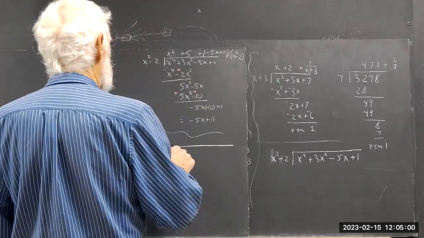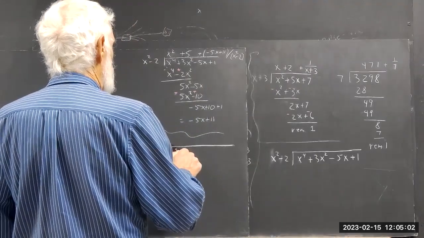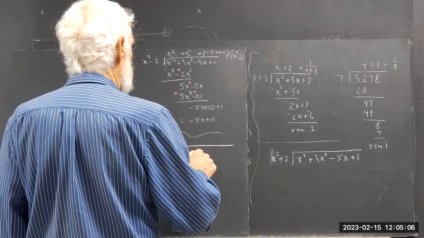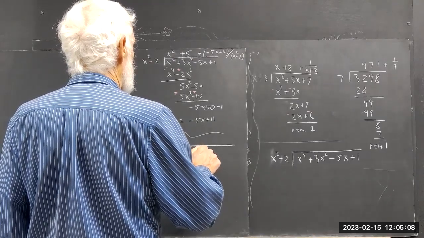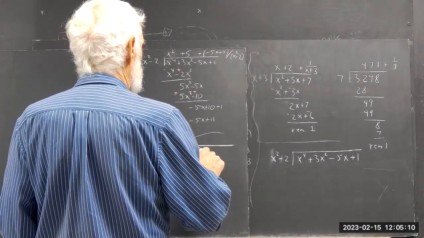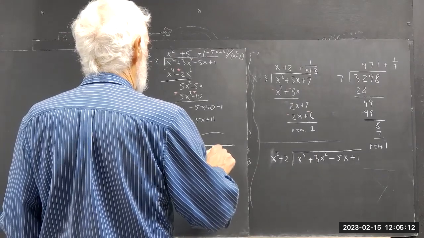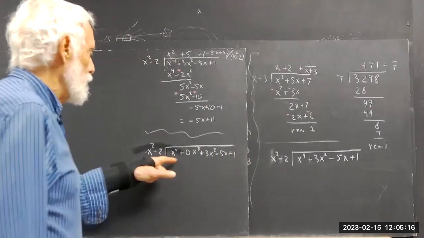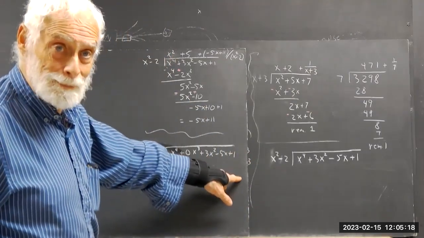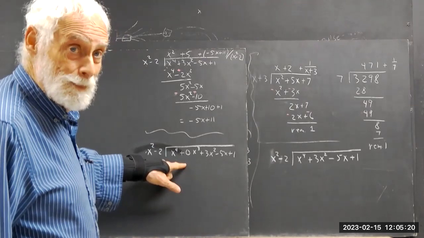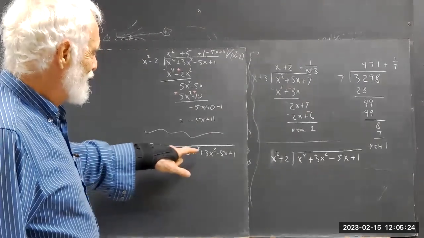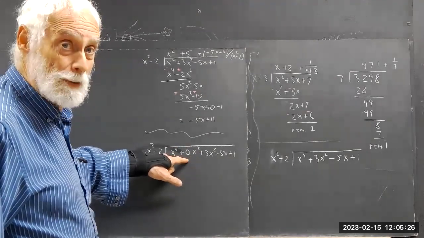If I write this out, it's x to the 4th plus 0x cubed. Then I've got every power of x represented here. Just because I don't have any x cubes doesn't mean I don't necessarily want to write it down.